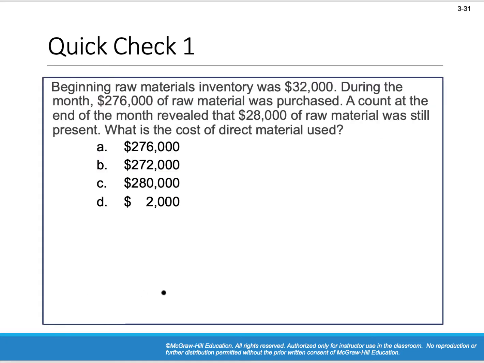So let's do a quick check here, and this will really walk us through the calculation. So we have raw materials inventory, right? The beginning was $32,000. Okay, that's our beginning balance. They tell us that during the month, $276,000 of raw materials was purchased. So that means we have to add our purchases.